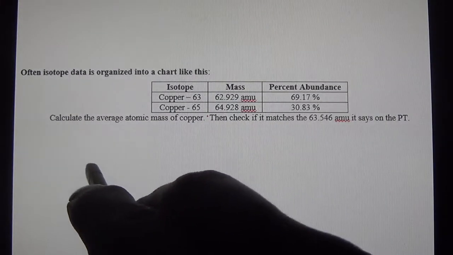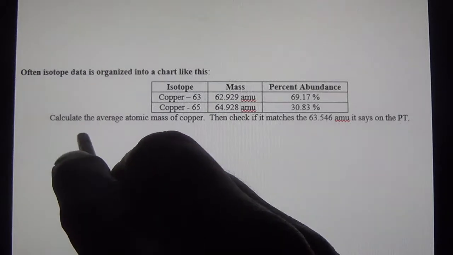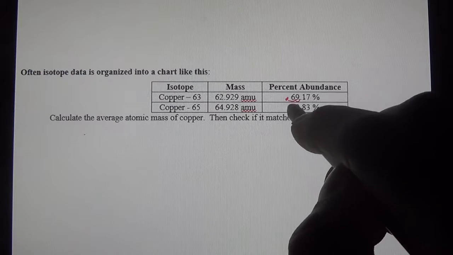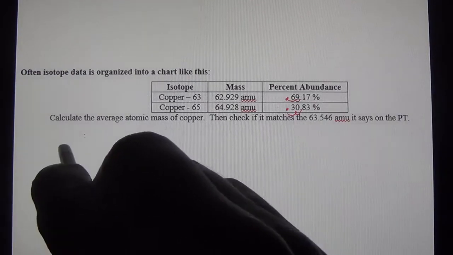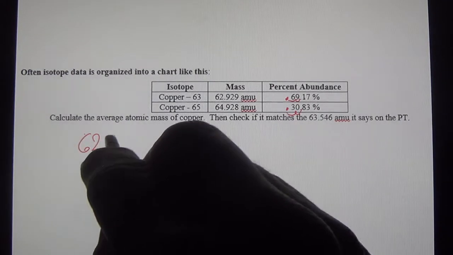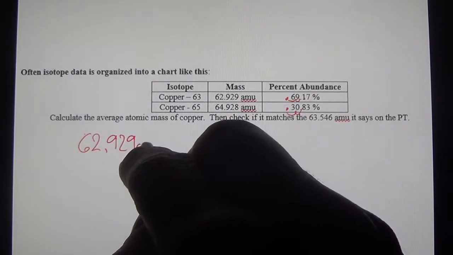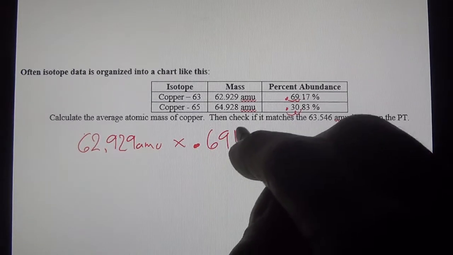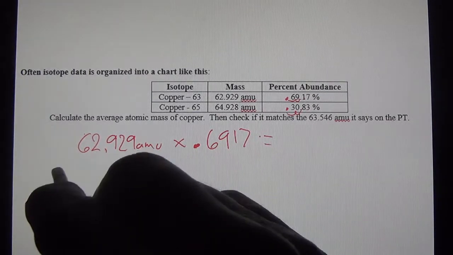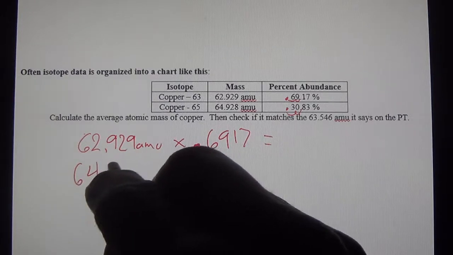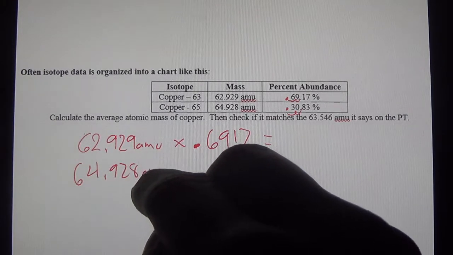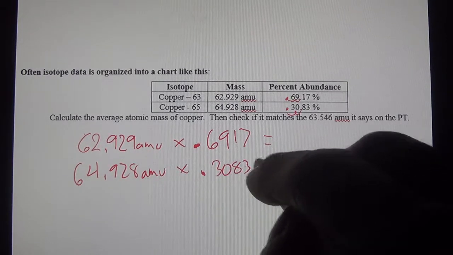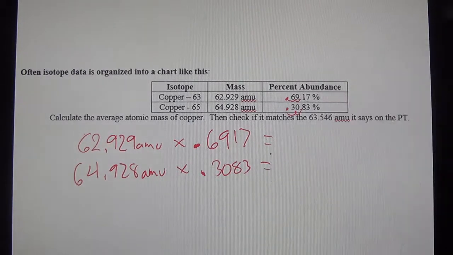I'm going to work the same way I've done it before. Let's move those decimals. I'm going to take the mass times the percent abundance and have that equal something, and then I'm going to take the mass times the percent abundance as a decimal and find what that equals.